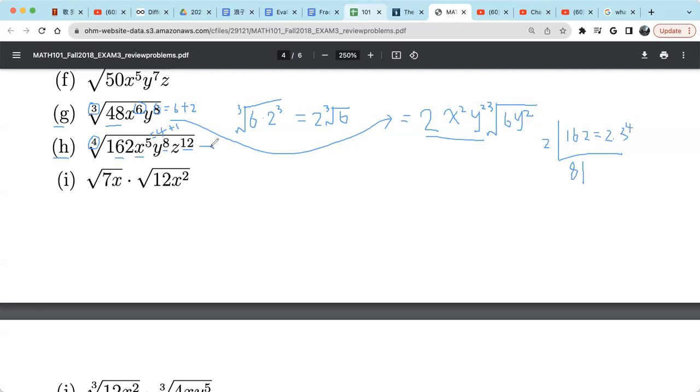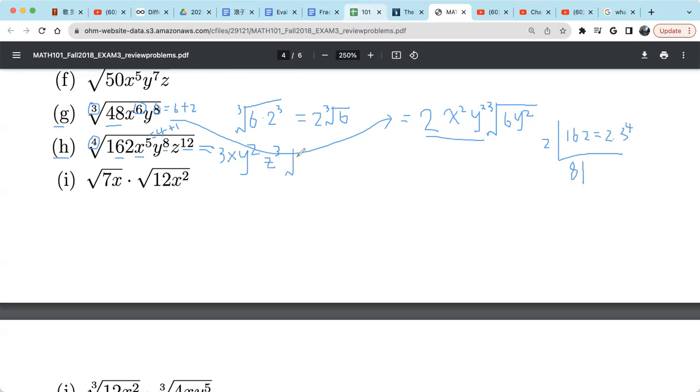So now 3 comes out of the fourth root sign. Right, then x raised to 4 with the fourth root gives x. Y raised to 8 with the fourth root becomes y squared. Z to the 12 with the fourth root becomes z to the third power.